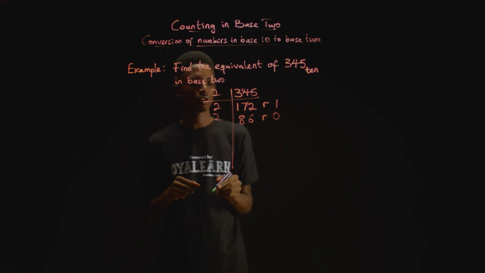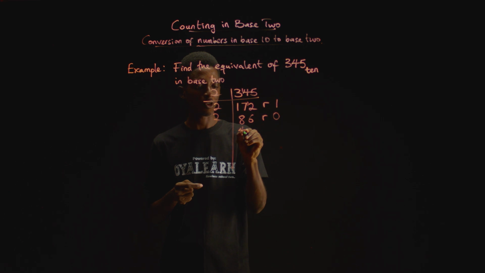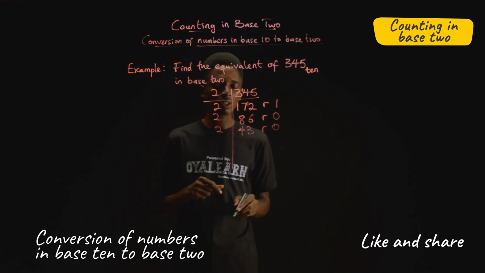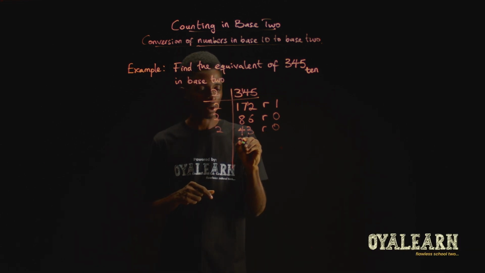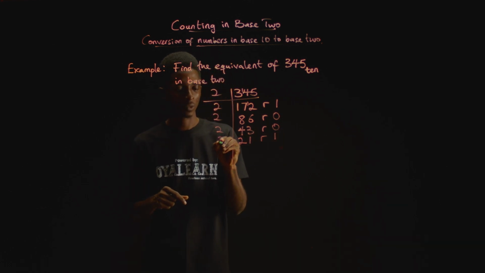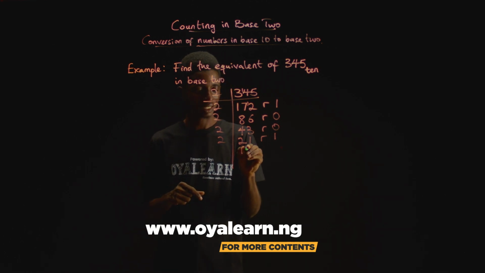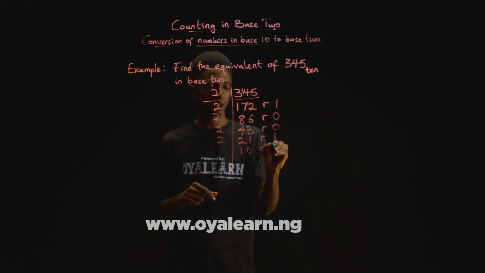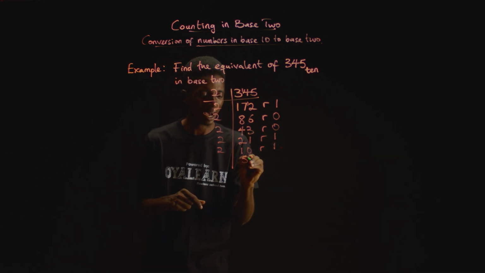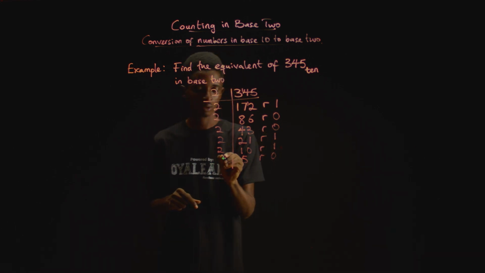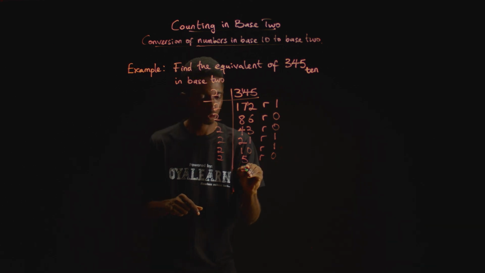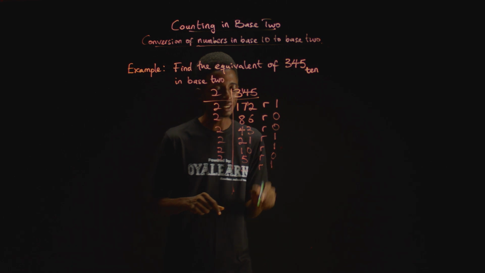Now let's continue. 2 in 86, that will give us 43, remainder 0. Now 2 in 43, that is 21, remainder 1. 2 in 21, that is 10, remainder 1. 2 in 10 will give us 5, remainder 0. 2 in 5 is 2, remainder 1.